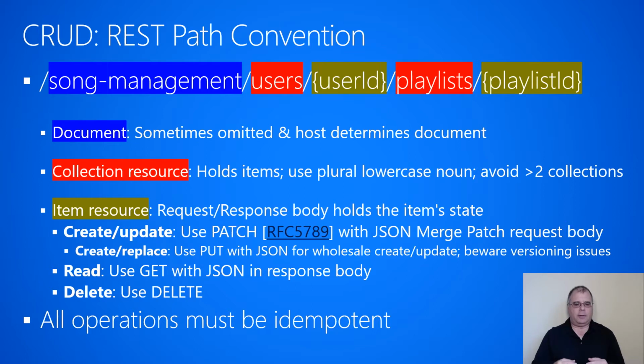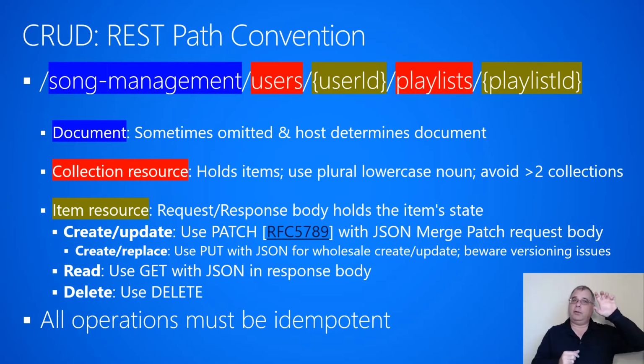In this URL, we have 2 collections. There's users, and then you would have an ID of a particular user, and then that user might have multiple playlist collections under that. Or it's a playlists collection, and then within the playlist, there might be playlist IDs for each of the individual playlists that a user might have. So users and playlists are 2 collections, and they're in a hierarchy.